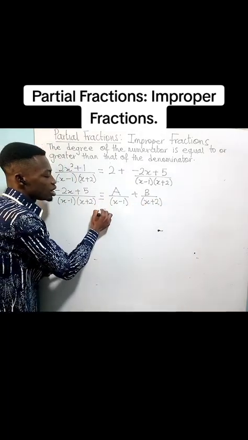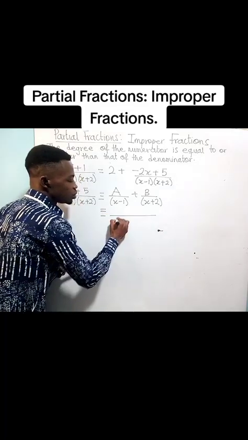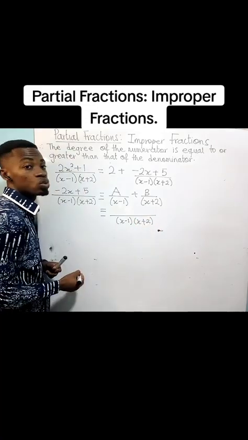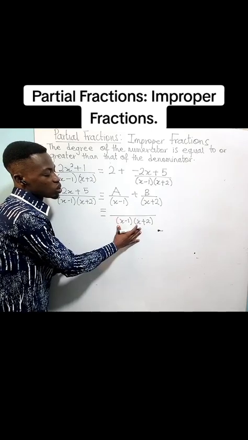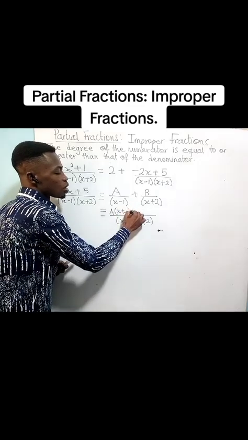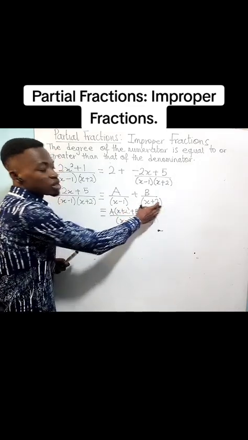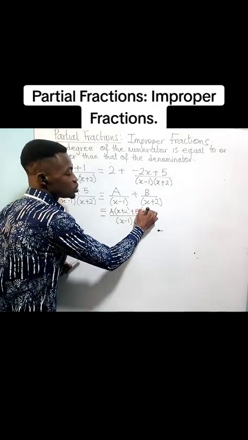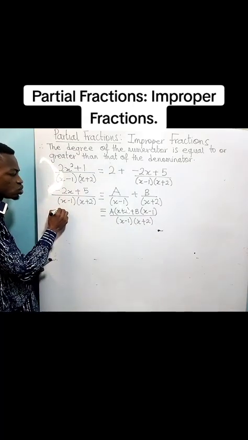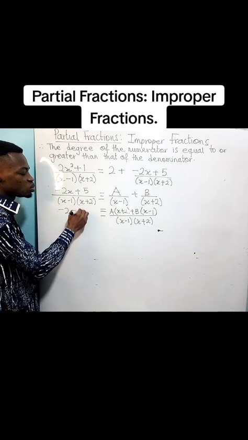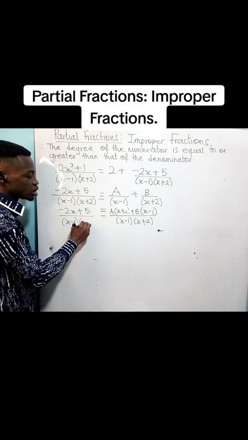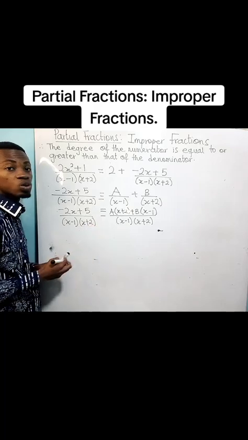Now we find our LCM here, which is x minus 1, x plus 2. x minus 1 into this is x plus 2, plus here x plus 2 into this is going to give us x minus 1, which is identical to negative 2x plus 5 over x minus 1, x plus 2.